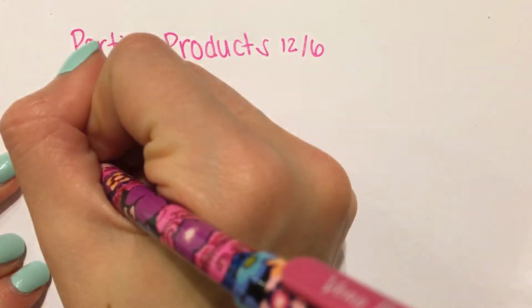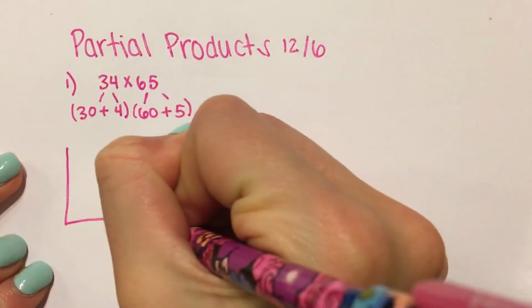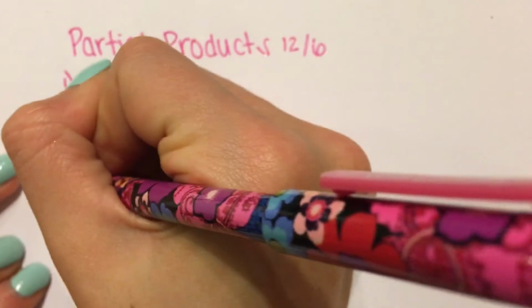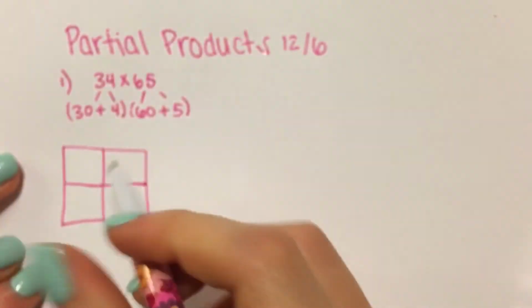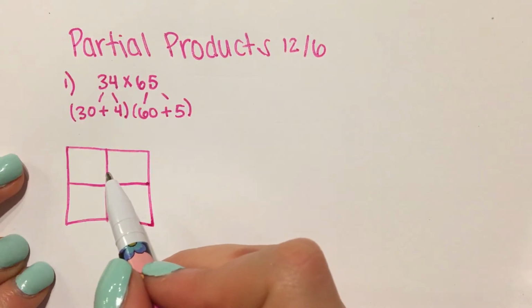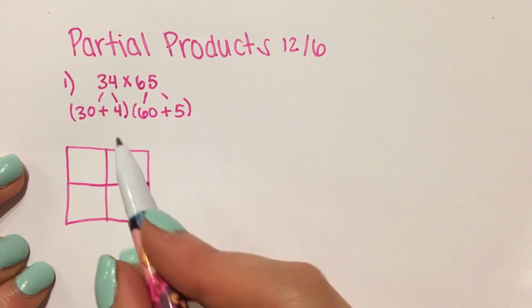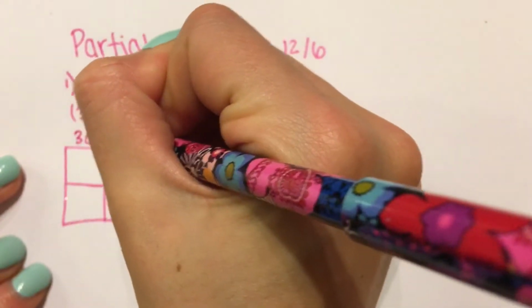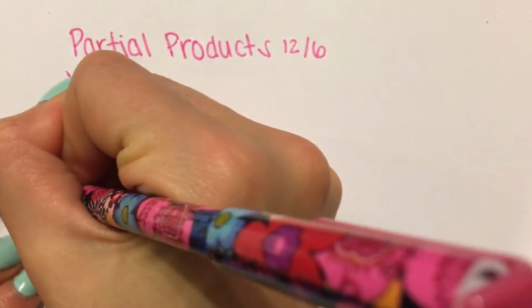With the area models, I'm going to go ahead and do a quick illustration of that. Got my 4 square. And if you don't know why I'm using this area model or what it means, go ahead and check out my area models video. That will definitely be helpful for you. So when I set it up this way, I had 30 and 4 and I had 60 and 5.